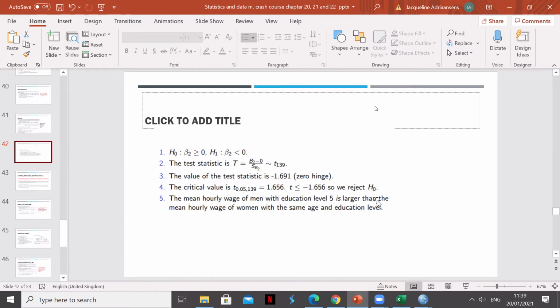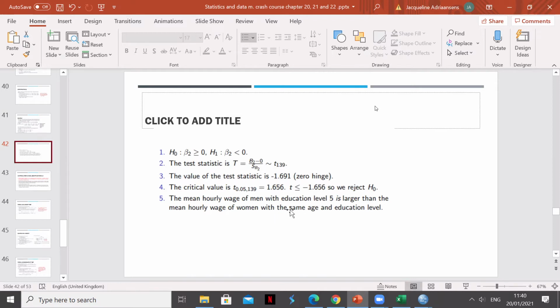If we reject H0, then we tentatively accept H1, which means that, I would say, the data suggests, or the evidence suggests, that the mean hourly wage of men with education level 5 is larger than the mean hourly wage of women, keeping age constant and having education level 5, something like that.